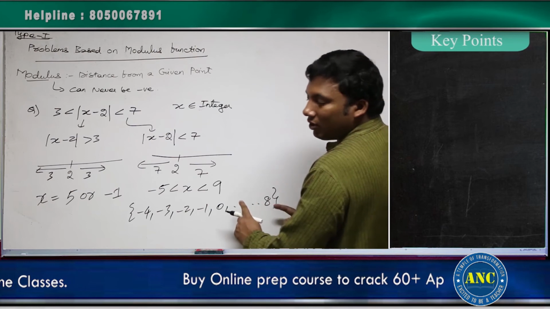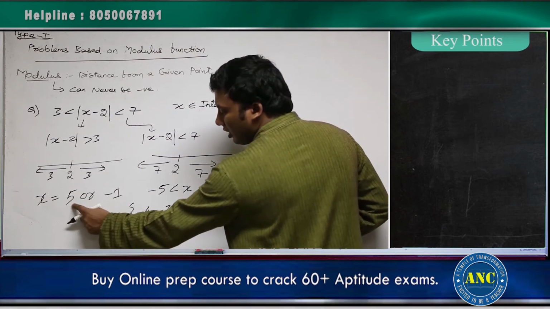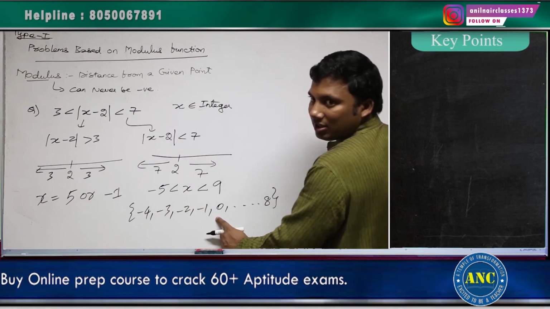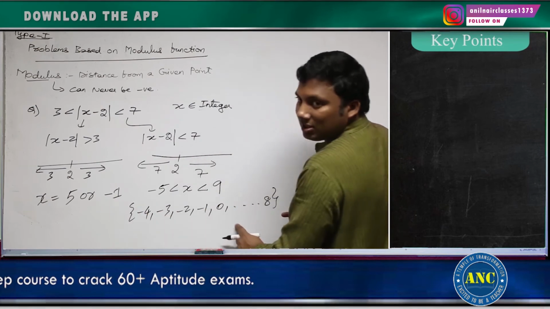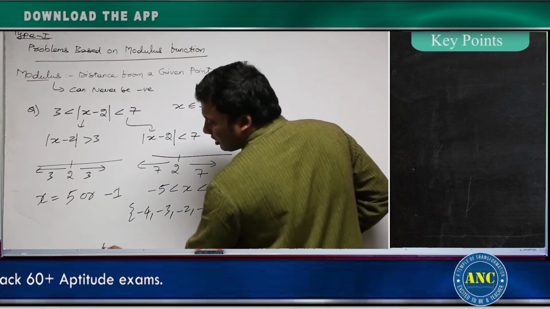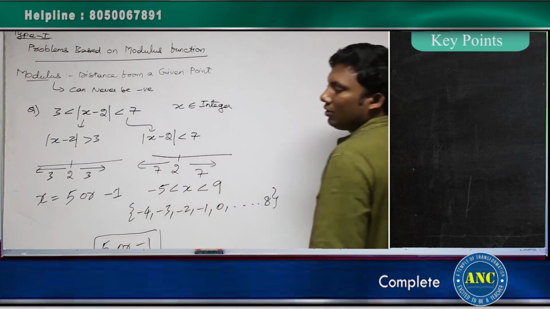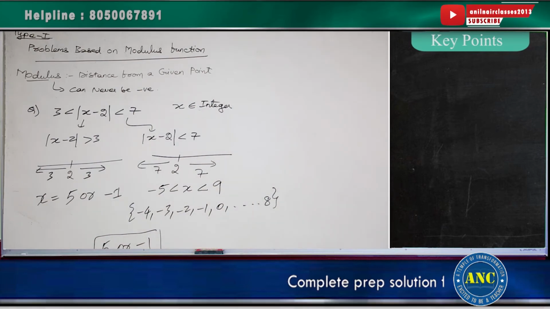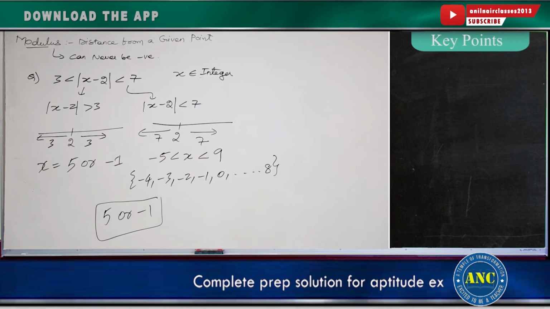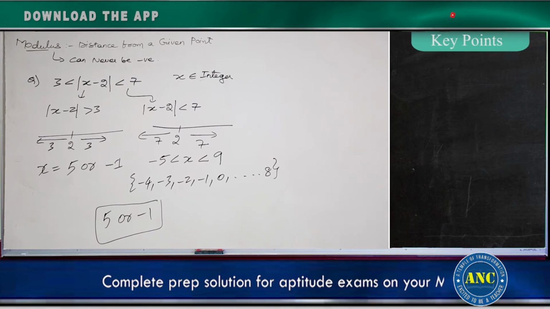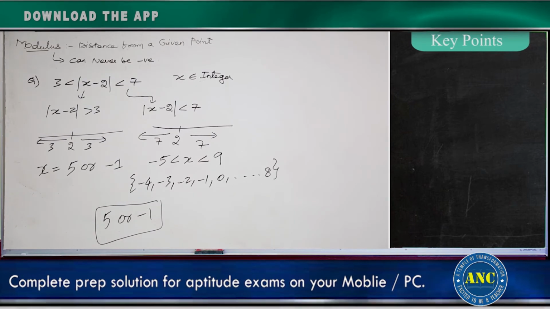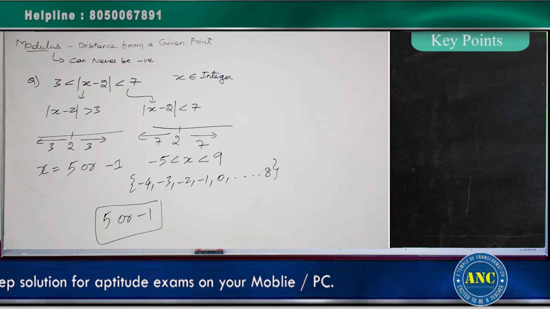Are you all with me? What is common in both of these? Does 5 exist in this? Yes. Does minus 1 exist in this? Yes. So the answer is 5 or minus 1.